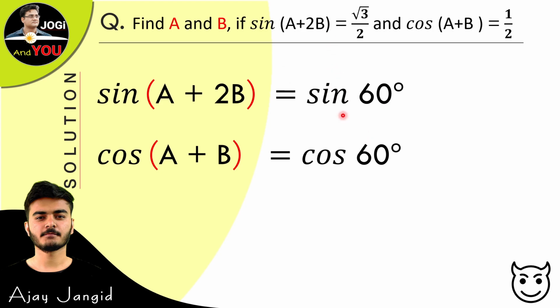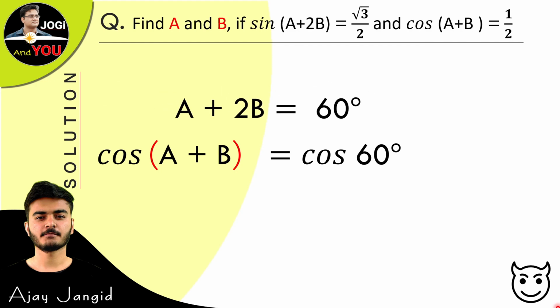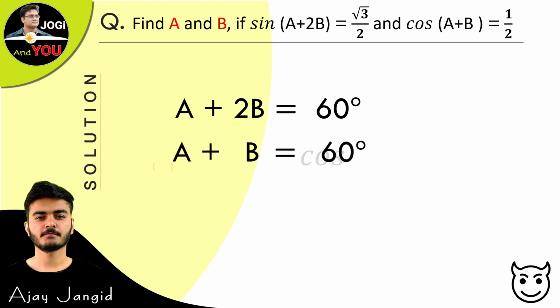So sin(A + 2B) can be equal to sin 60 only if A + 2B is equal to 60 degrees. Similarly, the second equation has the same form: cos(A + B) is equal to cos 60. These can be equal only if A + B is 60 degrees, otherwise the equality won't be satisfied. So A + B is equal to 60 degrees.